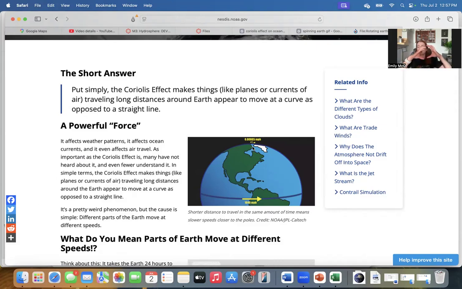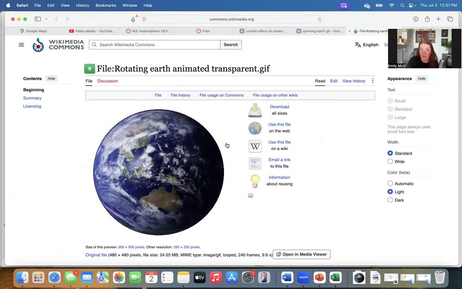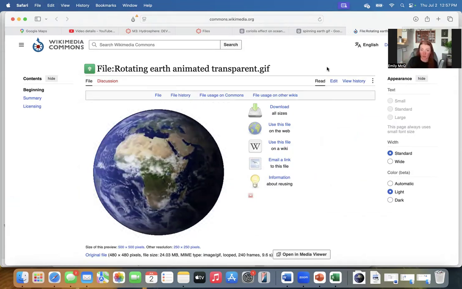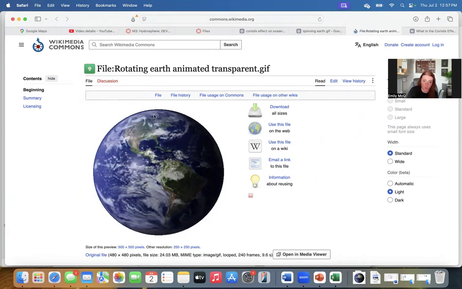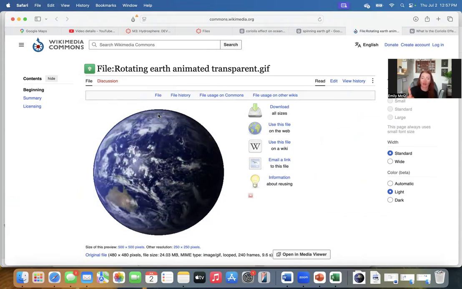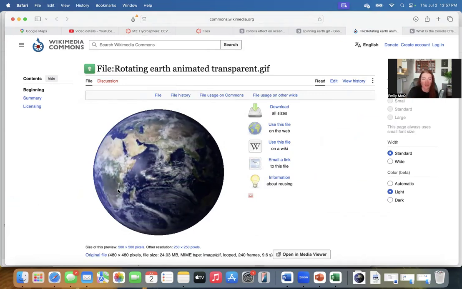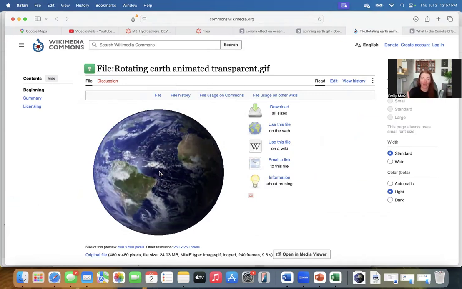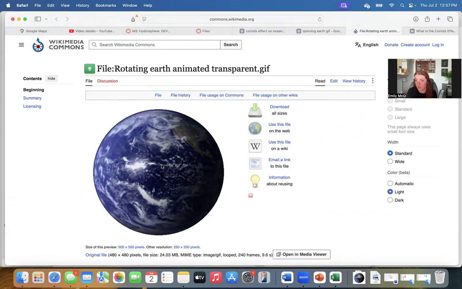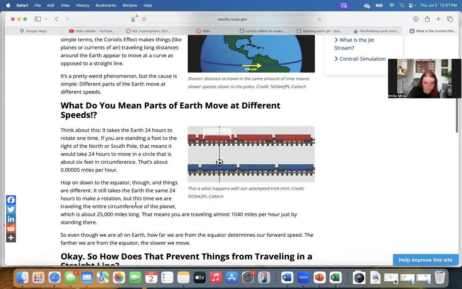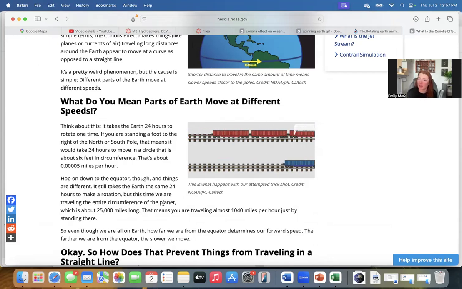Because the Earth is spinning at an equal rate, a location near the pole gets from here back to here in less time than if I go from here and wait for the same spot in Africa to come back. It takes more time. So the Earth is moving at different speeds because of how much surface area it has to cover to get from point A back to point A as it rotates.